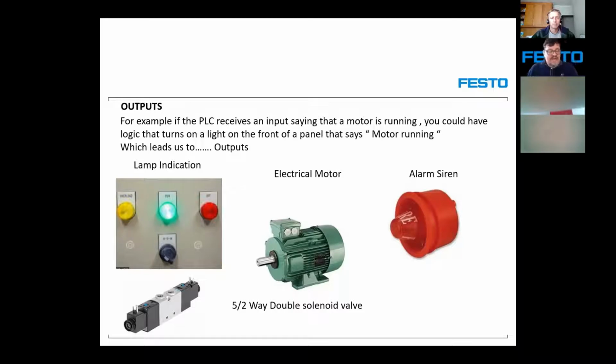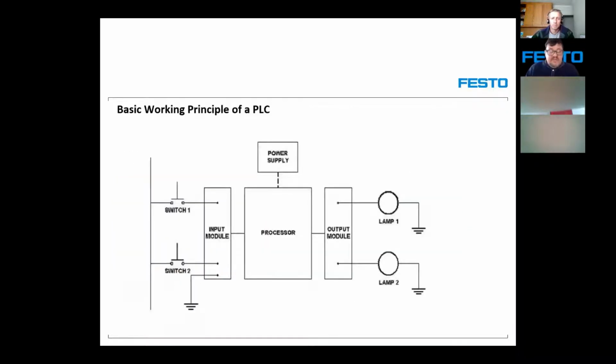I said to you the input part is all your input sensors. Then you've got your logic part, and then I've got my output part. Now those are the three basic elements of a PLC. Okay. Now if you put these three together, here is a basic explanation of the working principle of a PLC. You've got your input modules.